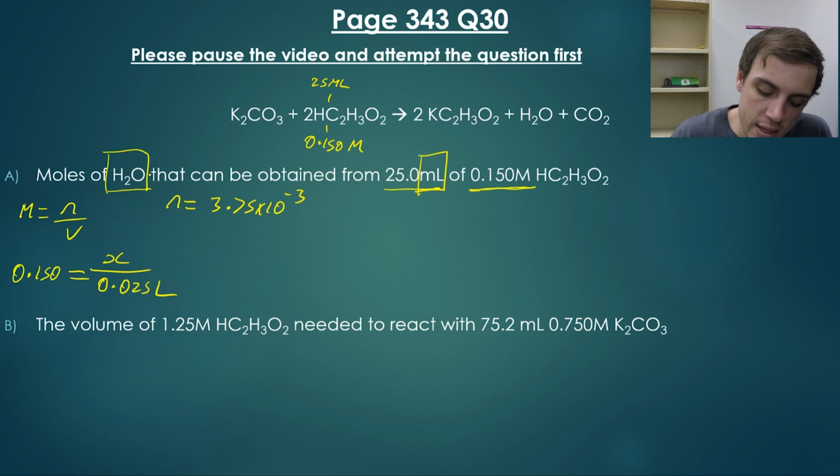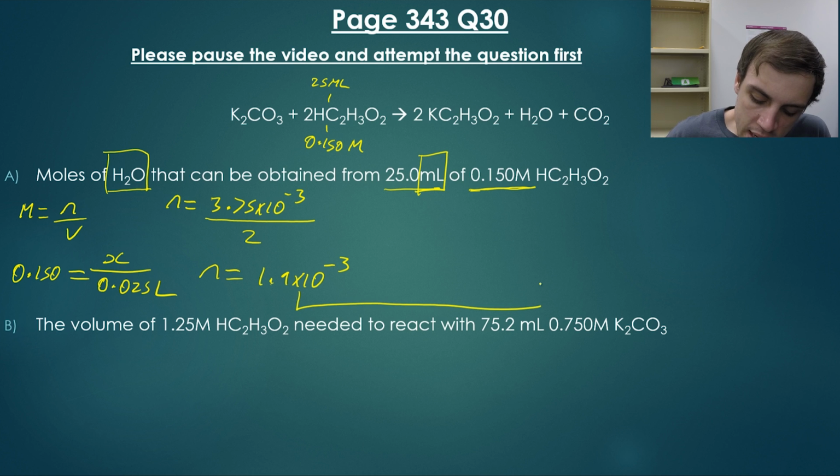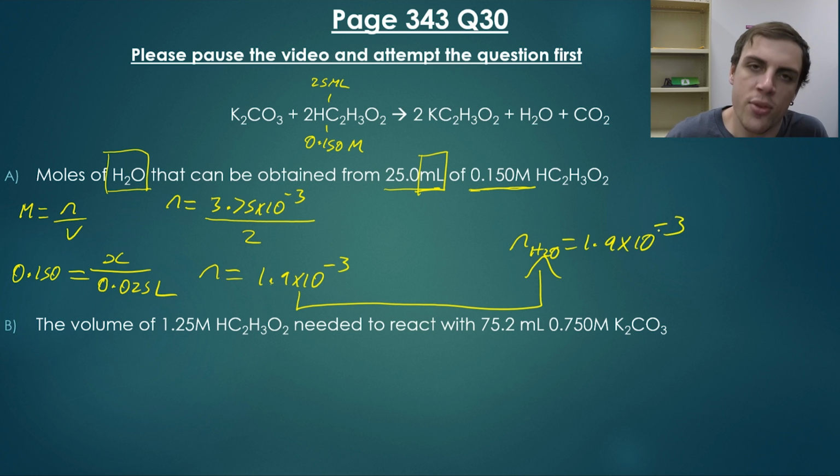We can see that we have a 2 in front of our ethanoic acid, but only a 1 in front of the water. So we need to divide our moles by 2. So the number of moles is going to equal 1.9 times 10 to the minus 3, which means that the moles of H2O is equal to 1.9 times 10 to the negative 3.